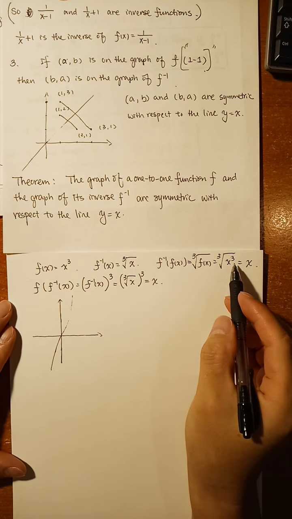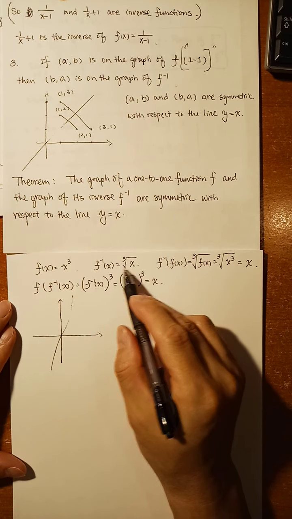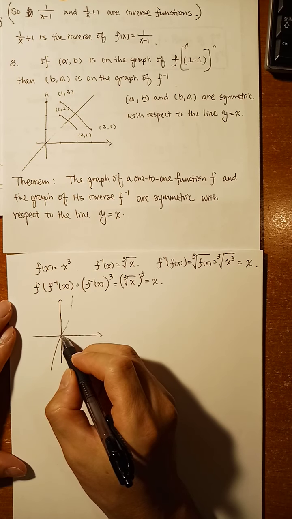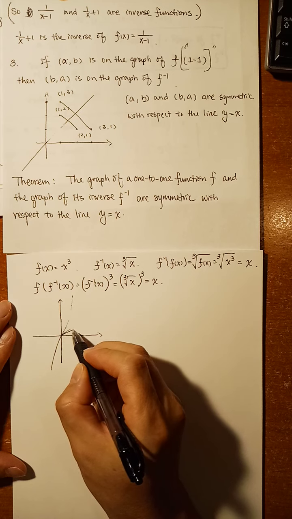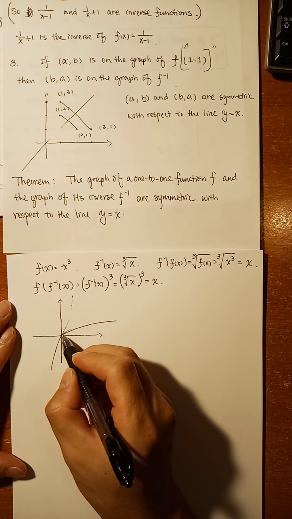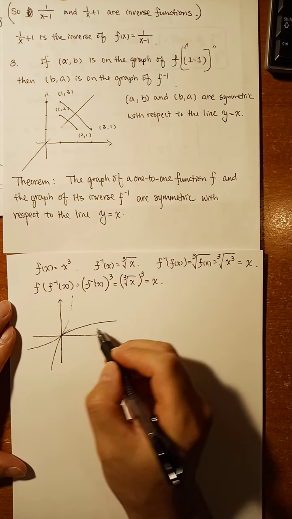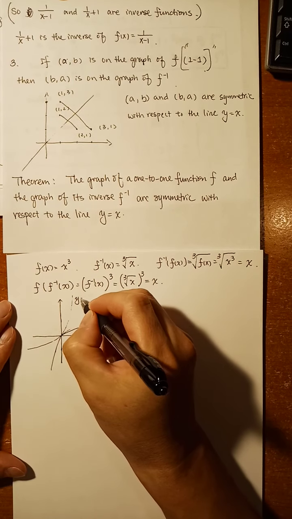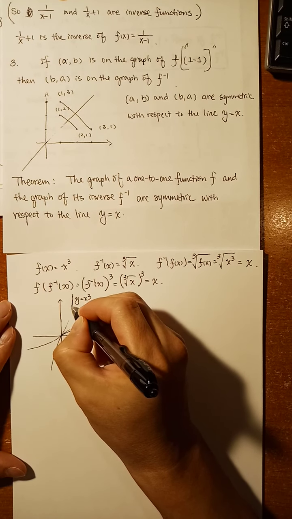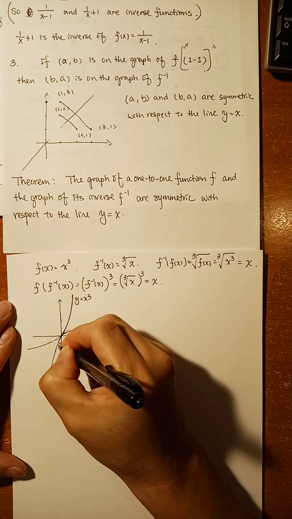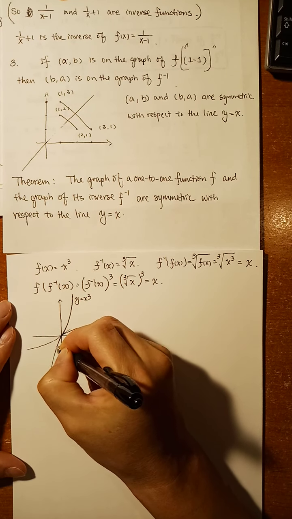And the cube root of x, check this graph. Well, this is y equal to x cubed. And this one is y equal to cube root of x. How do I know it's a little bit flat?